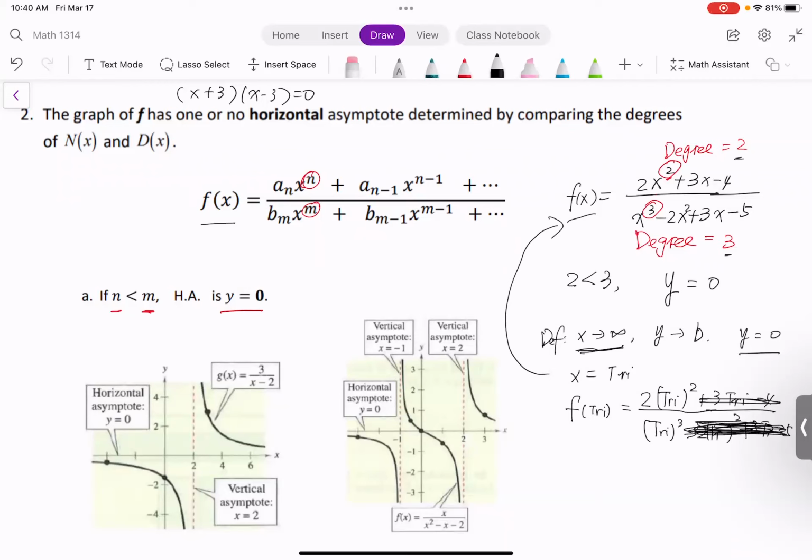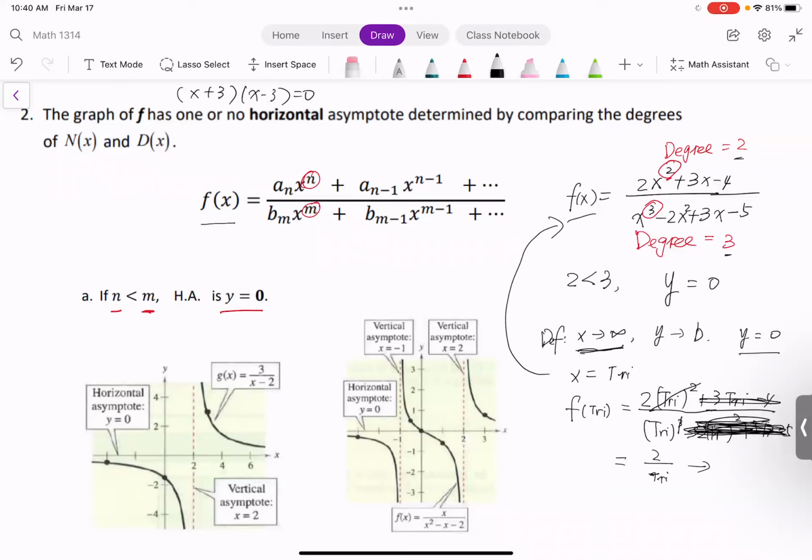are very tiny. So on the top we have 2 trillion squared, and the bottom we have trillion cubed. Not cancelled, sorry. So top one is 2 trillion squared, bottom one is trillion cubed, I can cancel out the trillion squared, so we have 2 over trillion.